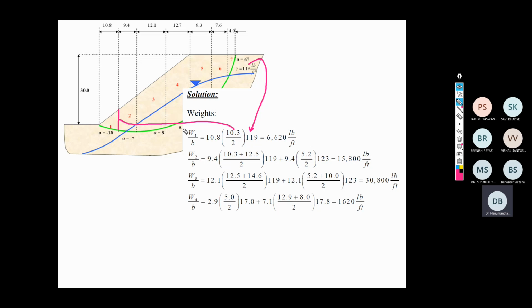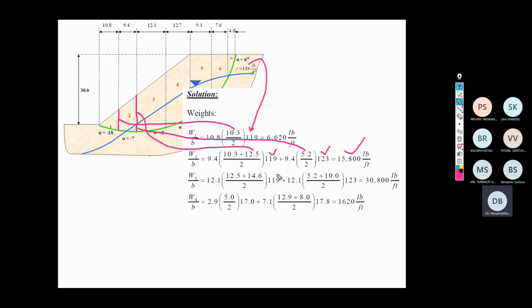That 12.5 is this side, and this is 5.2. So width remains the same, 9.4, but density varies: 119 above the water table, 123 below the water table. Simplify everything, and then you get the weight of slice number 2. So repeat the same procedure for slice number 3, 4, 5, 6 and 7.